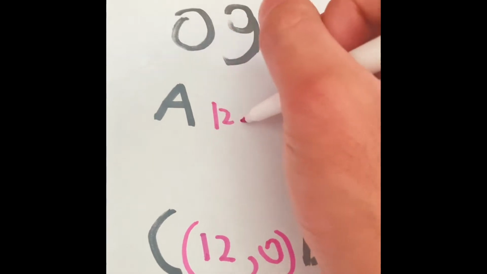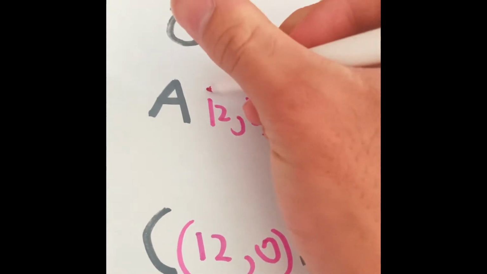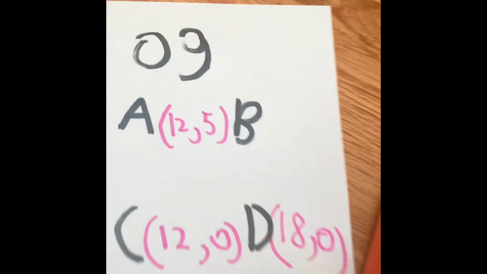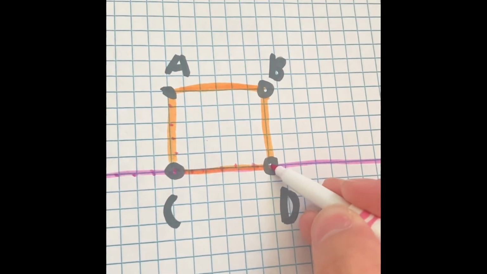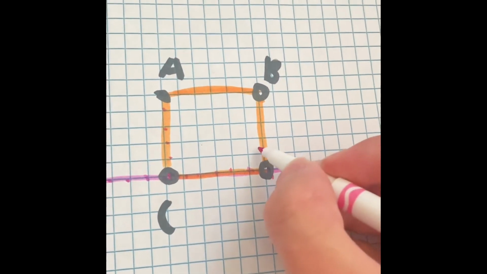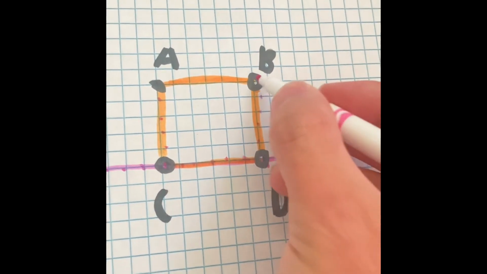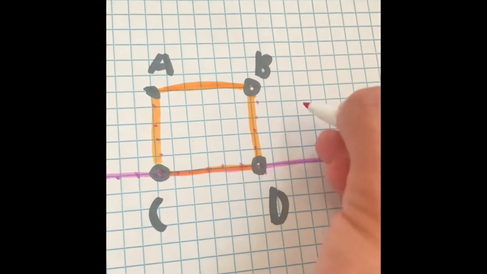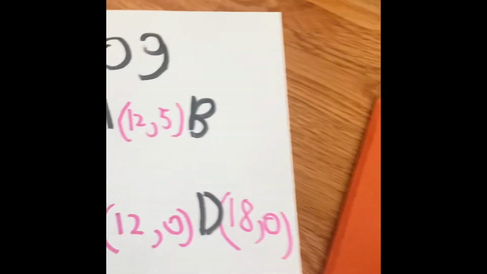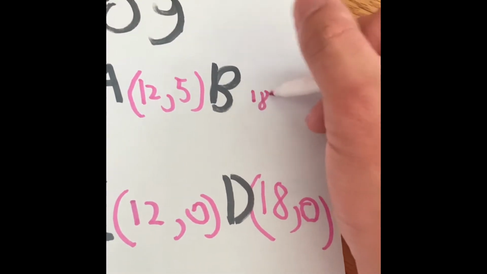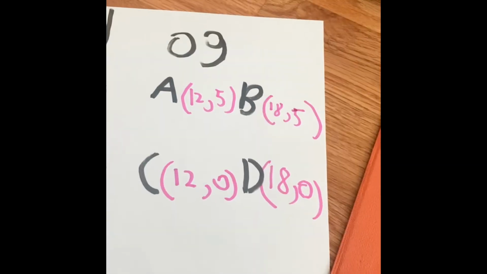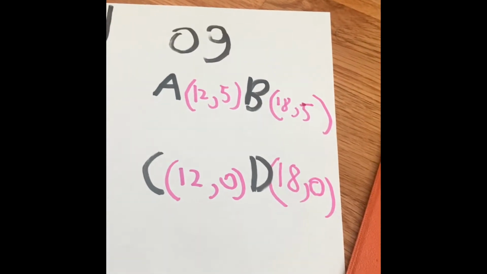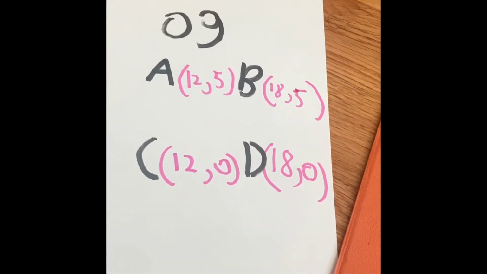And for B, if D was 18, we count 1, 2, 3, 4, 5. Point B would be 18, 5. So now we have the points on a graph. We have A, B, C, and D.